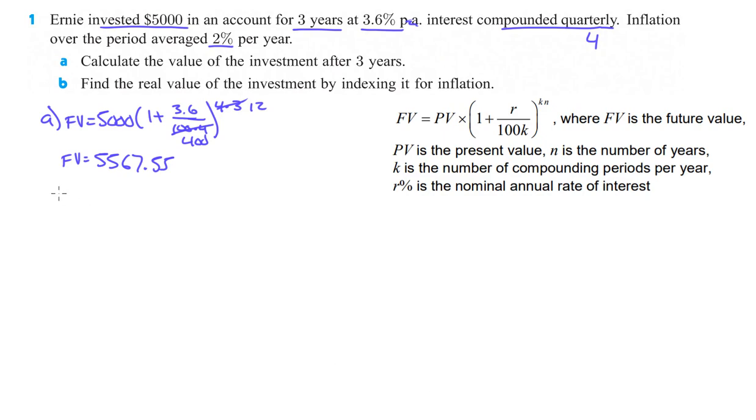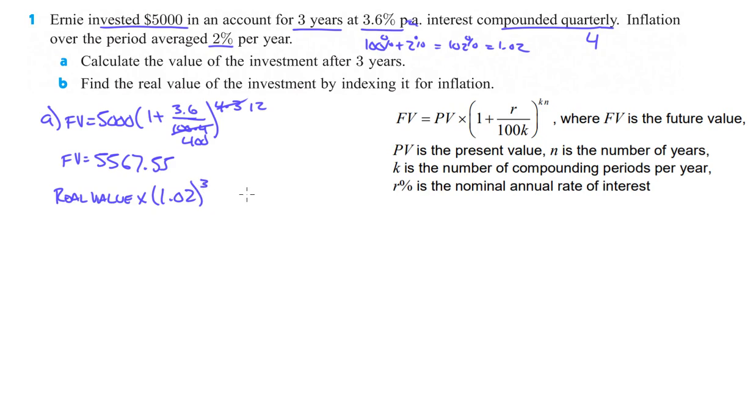Now it says find the real value of his investment by indexing it for inflation. So what we want to do there is take our real value and then we're going to multiply that by our inflation. So 2%, take 100% plus 2% is 102%, which is 1.02 as a decimal, all times, for how much time was this? 3 years.